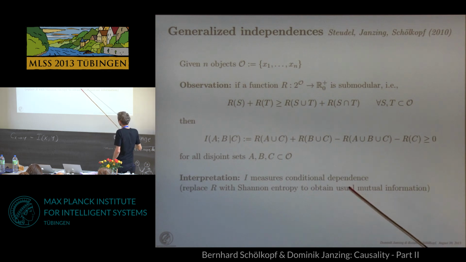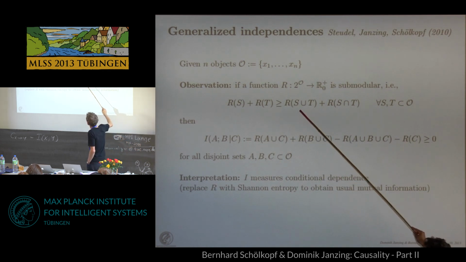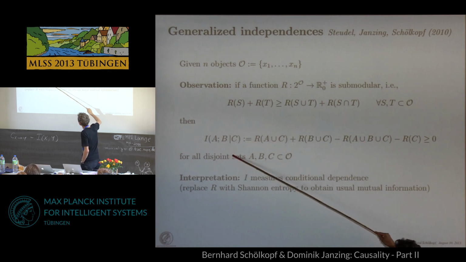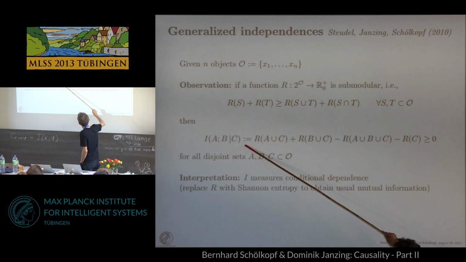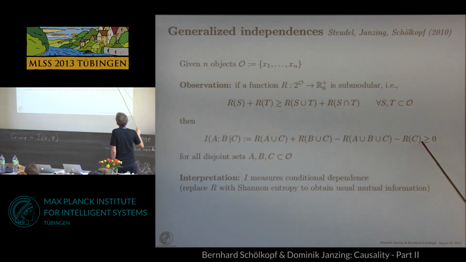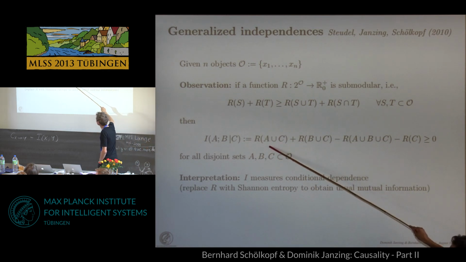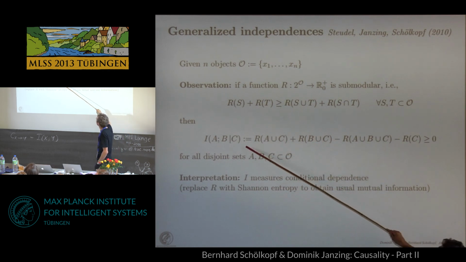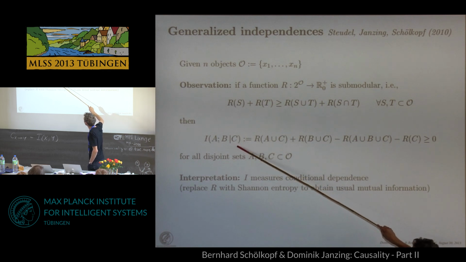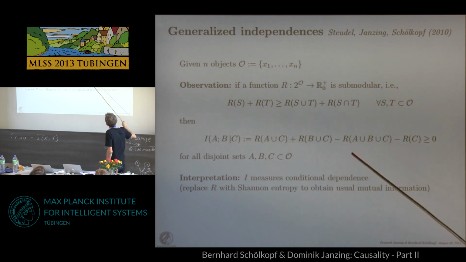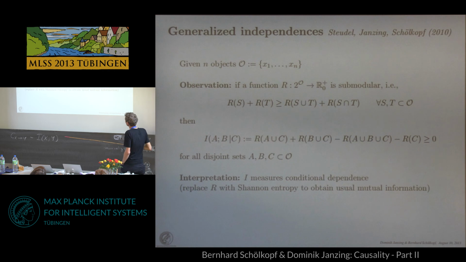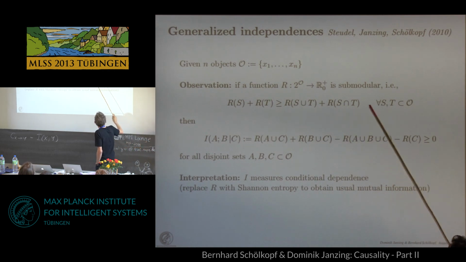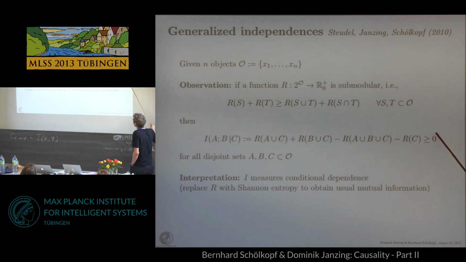The main justification is that if this is the case, then we have a reasonable notion of conditional mutual information via this expression. And this expression is basically copied from the Shannon information expression. So you can rewrite Shannon conditional mutual information as this sum and difference. And submodularity of this function ensures that this is non-negative.